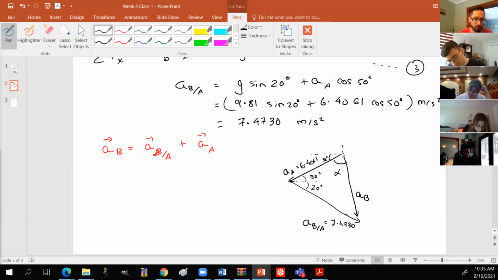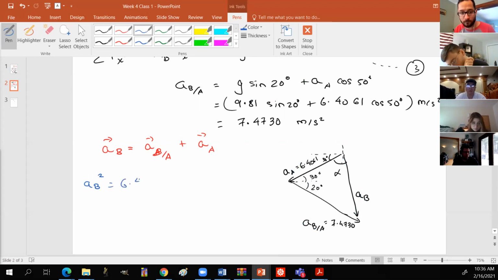Now, choices. You can do it in i j and get your answer like that, totally okay. Or you can use sine rule, cosine rule, and things like that, right? So just to keep things holistic, we use our cosine rule, right? So AB squared is going to equal AA squared plus ABA squared minus 2 A, right?